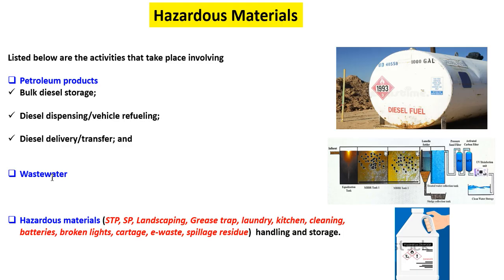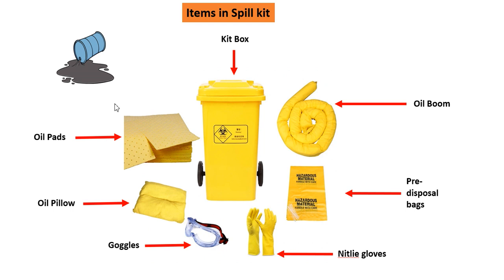Wastewater, as I already told you, may be STP or domestic or industrial waste. Hazardous waste may be landscaping, grease trap, laundry, kitchen cleaning, batteries, broken lights, cartridges, electronic waste, and spillage, and we have to handle that waste by keeping it at a specific storage place.